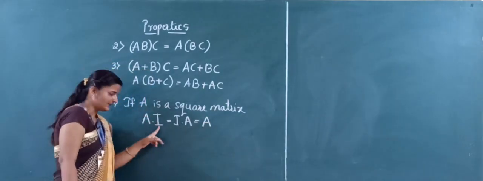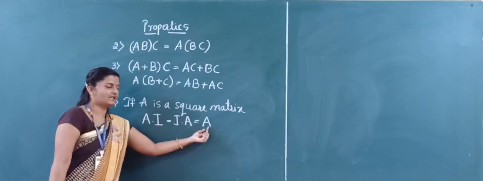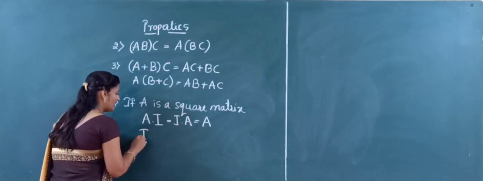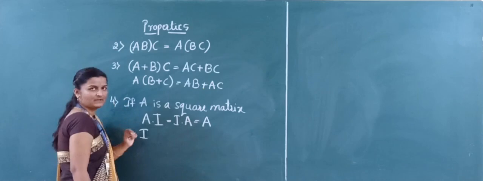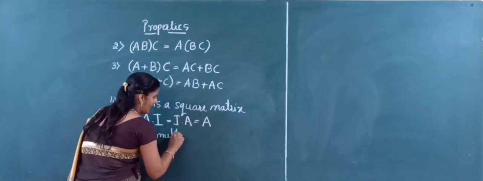If the identity matrix of the same order as A is multiplied to A, you will get again A. From this we can say that the identity matrix is the multiplication identity of matrix multiplication.